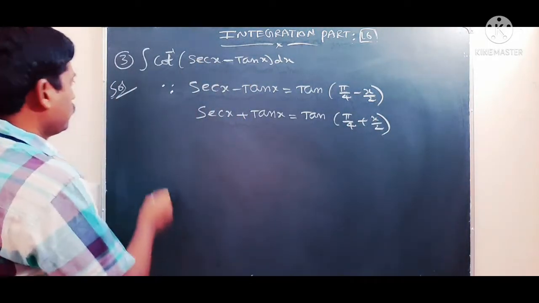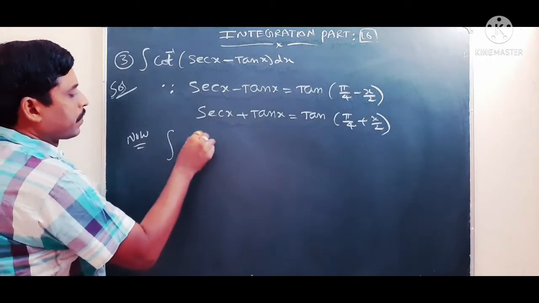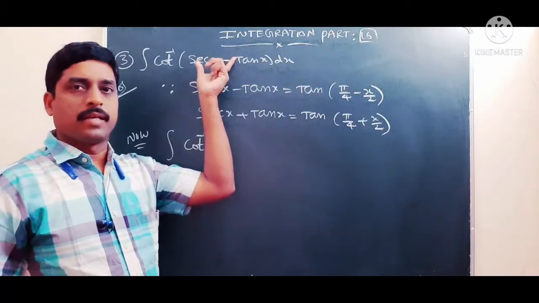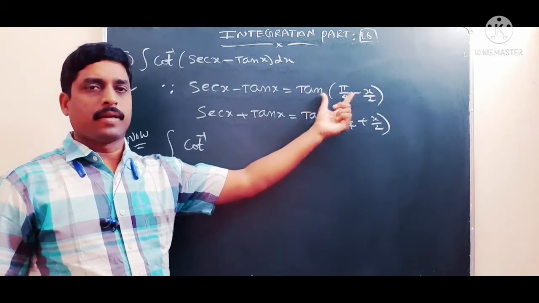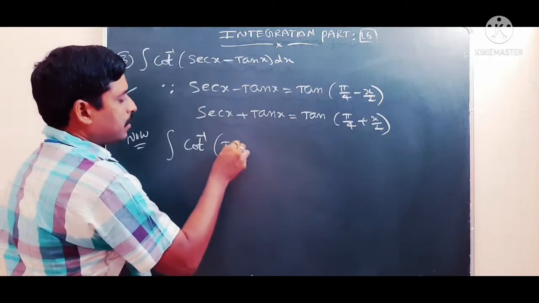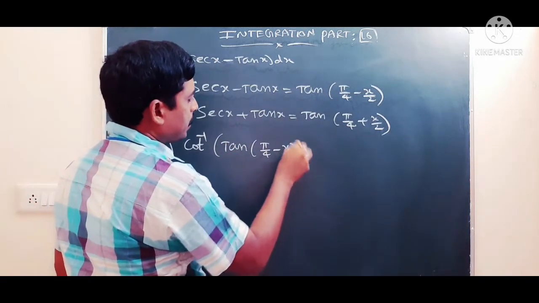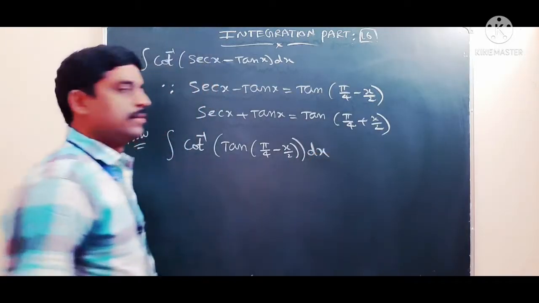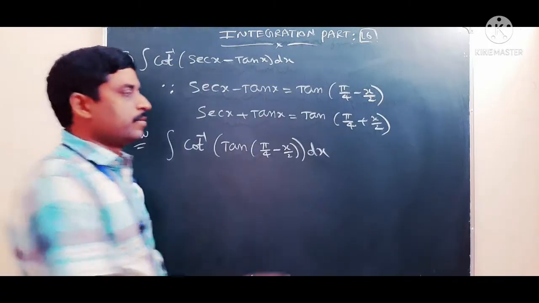Now, integral cot inverse of secant x minus tan x. By this formula, we have tan pi by 4 minus x by 2 dx.